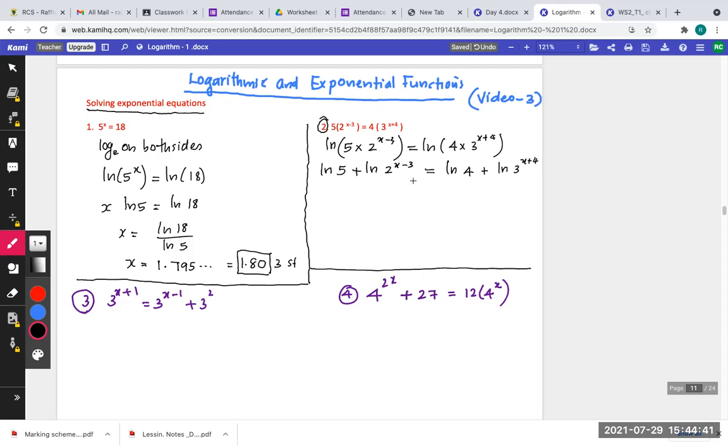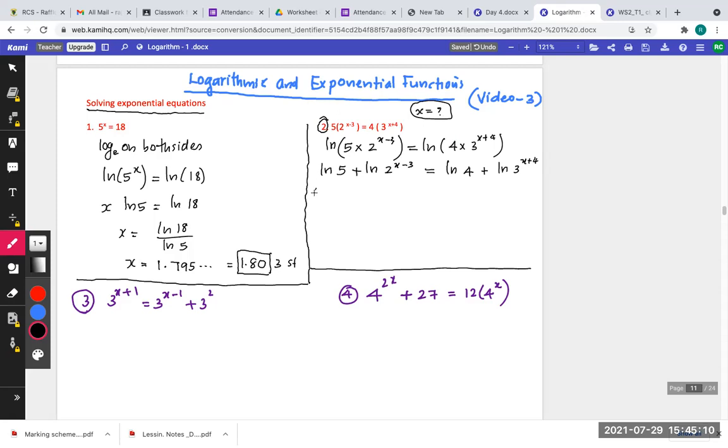Now, keep in your mind that our aim is to solve. Solve means you need to find the value of x, right? So again, x is coming as a power, x minus 3 is the power here, x plus 4 is the power, but there is an ln, so you can move that x minus 3 in front of ln and x plus 4 in front of ln by using the power rule.